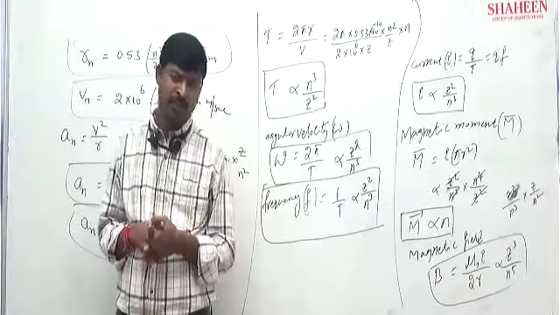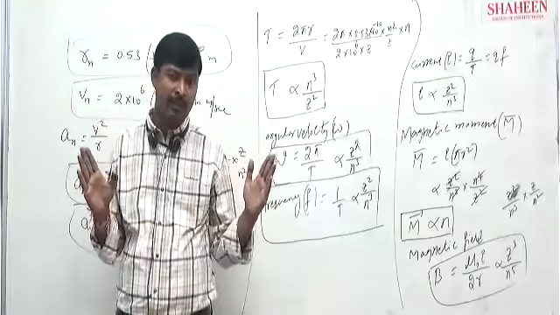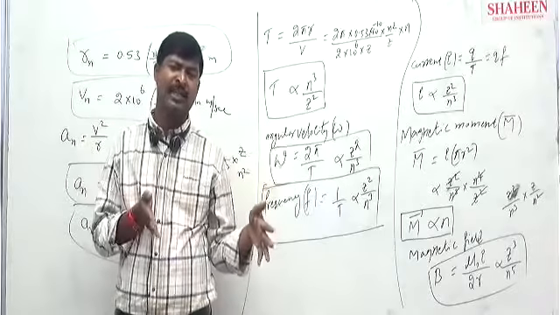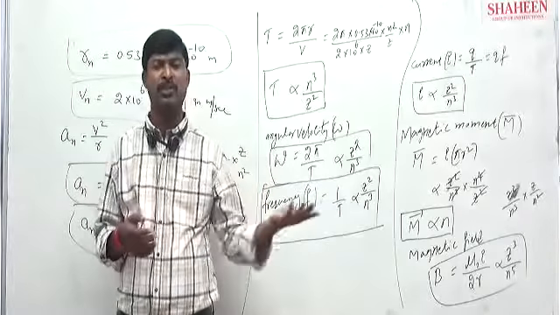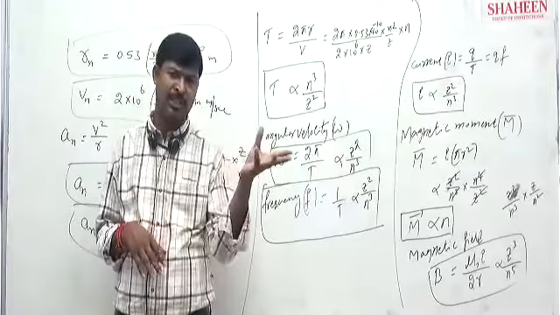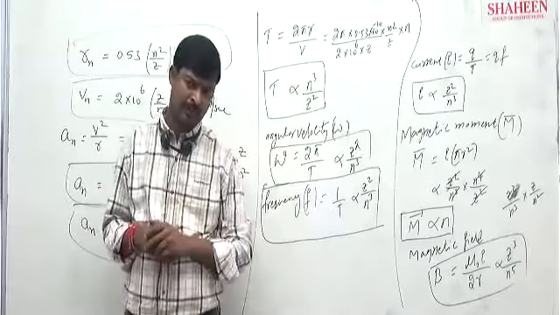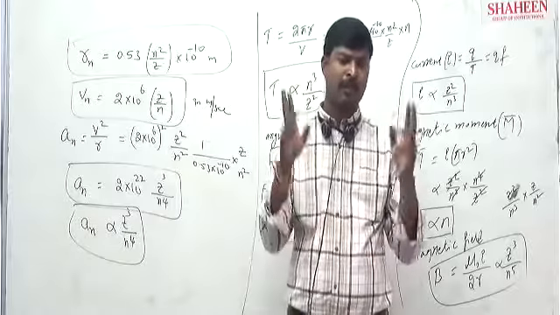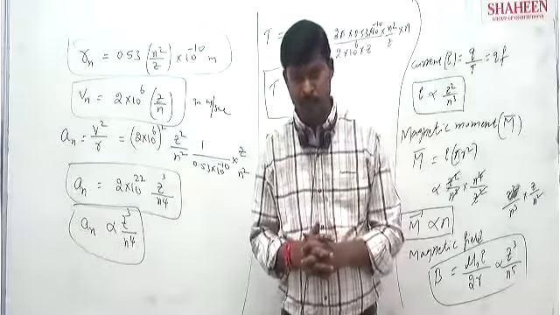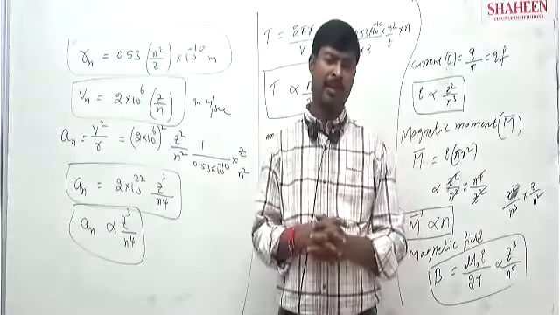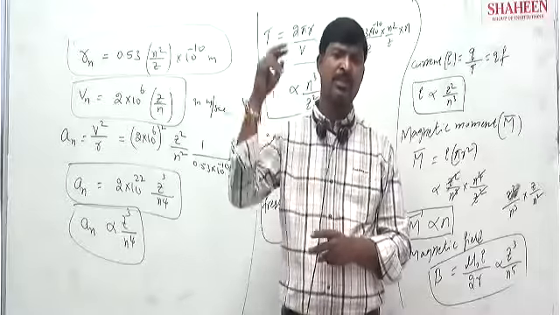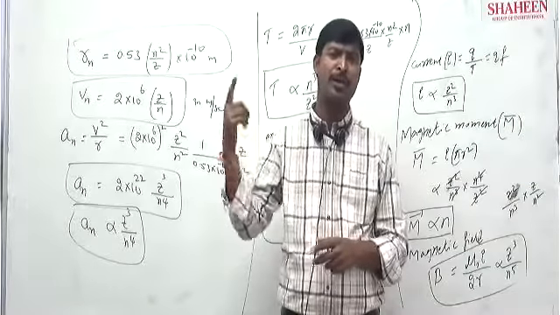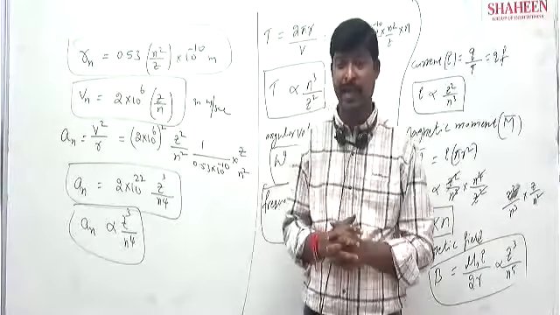You can calculate it by using the concept of kinetic energy of alpha particle equal to the potential energy between alpha and nucleus. Once you calculate the closest distance of approach, then the impact parameter is closest distance of approach by 2 into cot theta by 2, where theta is the angle of scattering.